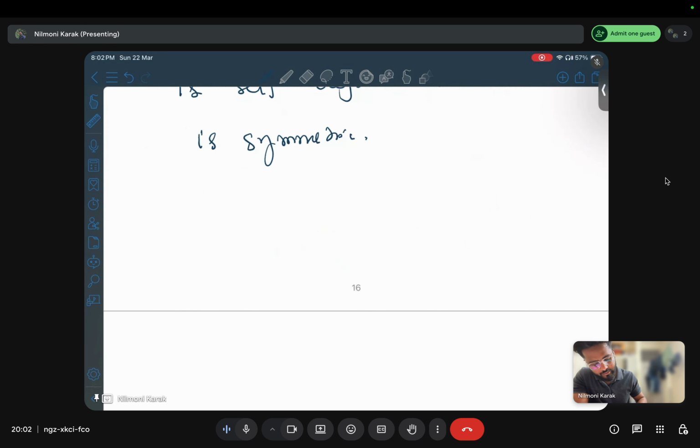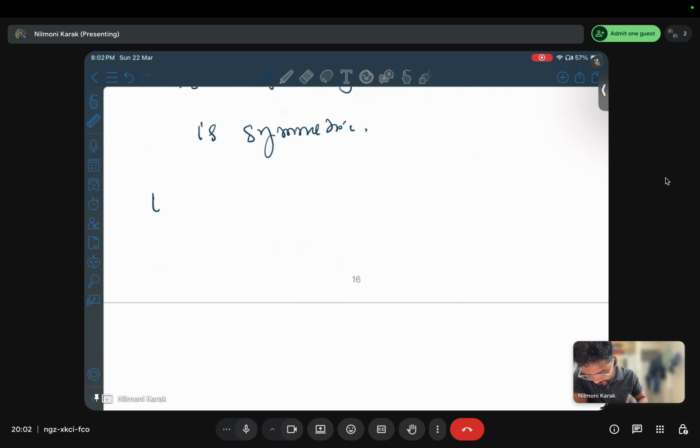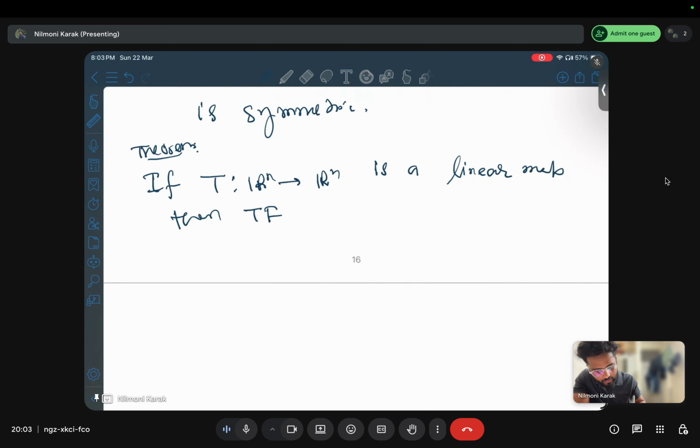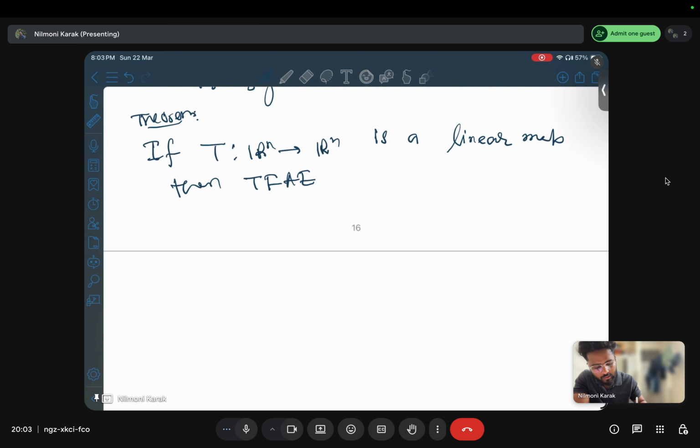Here is some equivalent statement. If T from Rn to Rn is a linear map, then the following are equivalent: T is injective, T is surjective.